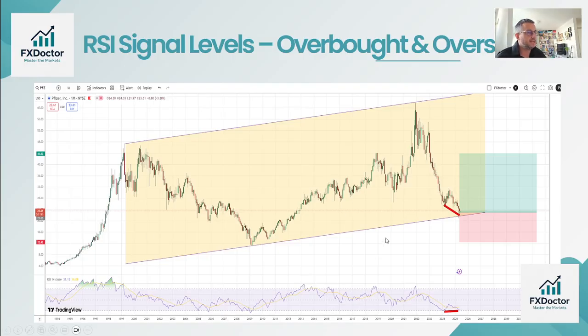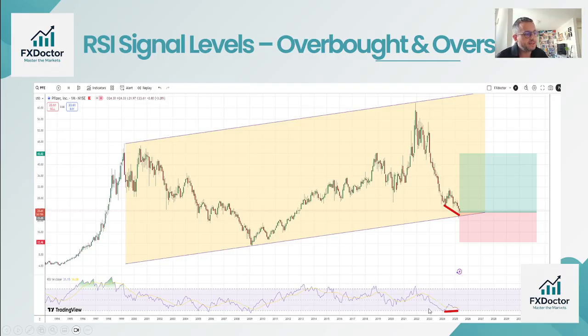But what is important here? As you can see, price is falling down and making a lower low, and the RSI is making a higher low. RSI is the relative strength index. It shows the strength of buyers and sellers.